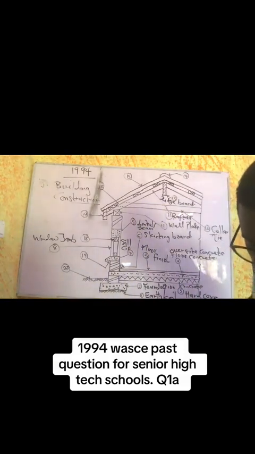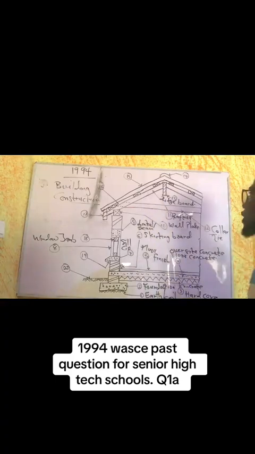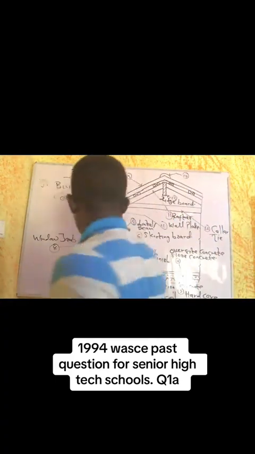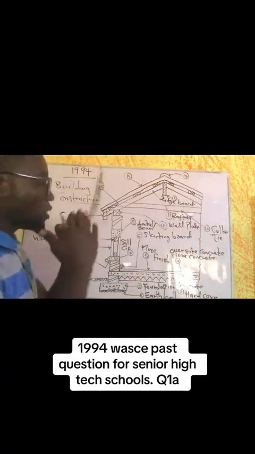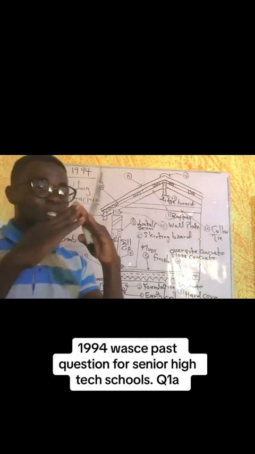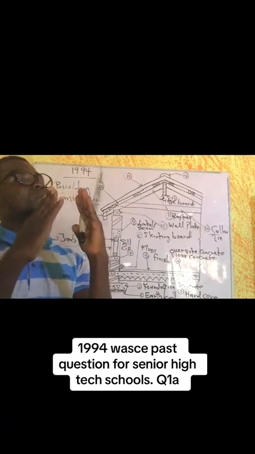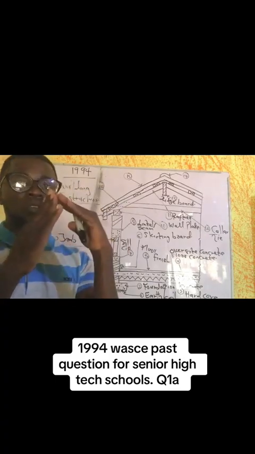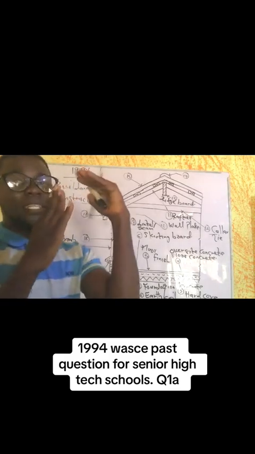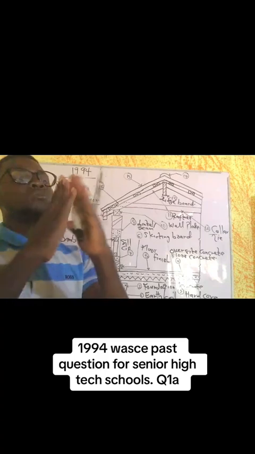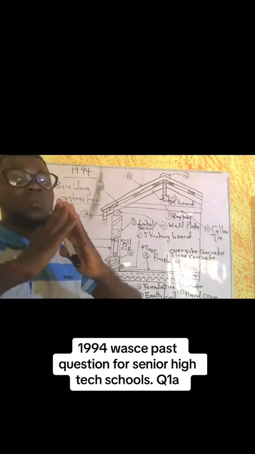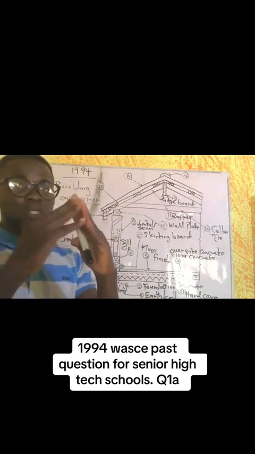Ridge board. And with this one, this is where we have the rafters coming together to meet at one side. Where they meet, the thing that they rely on, or exert their pressure on, is the ridge board. So the ridge board is in the middle, which is going to make them form the A that they want.